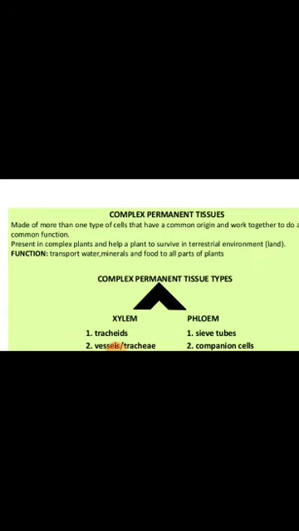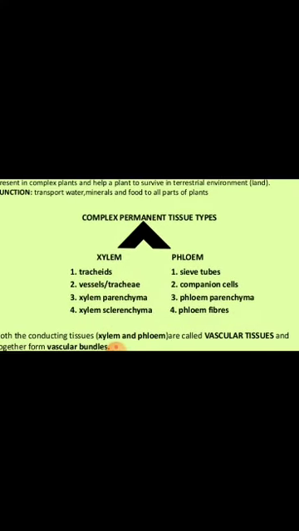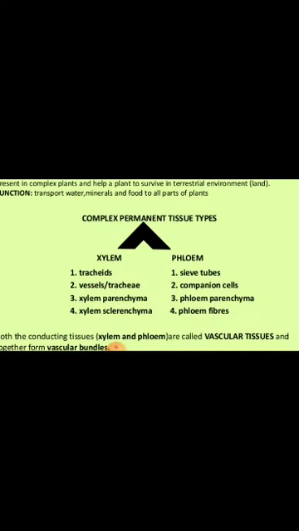There are two types of complex permanent tissues, xylem and phloem. Now what does xylem consist of? It consists of tracheids or vessels, known as trachea, xylem parenchyma and xylem sclerenchyma. Phloem consists of sieve tubes, companion cells, phloem parenchyma and phloem fibers.